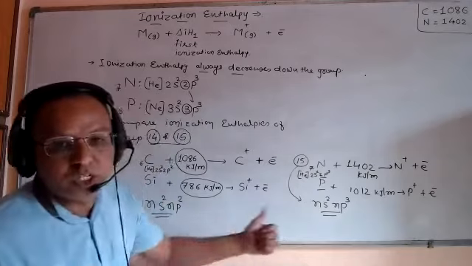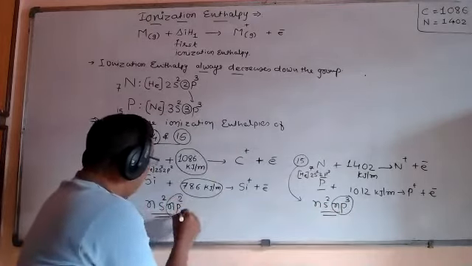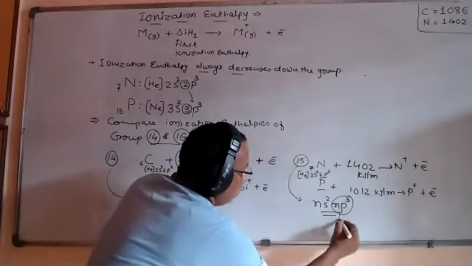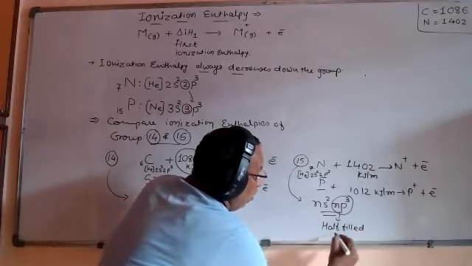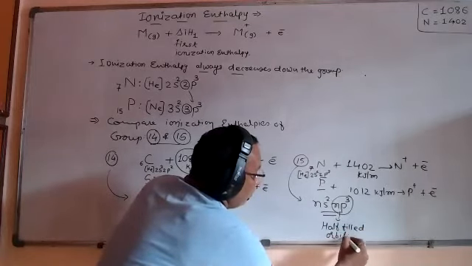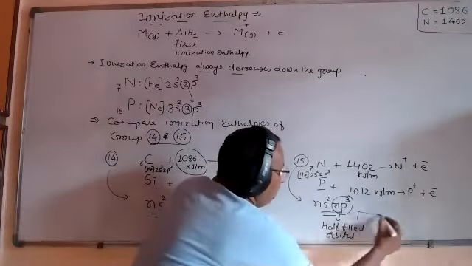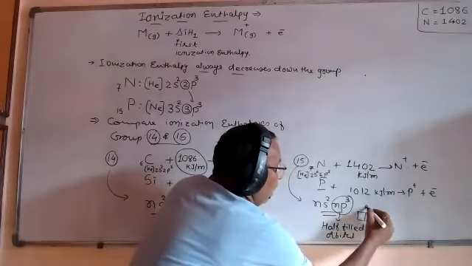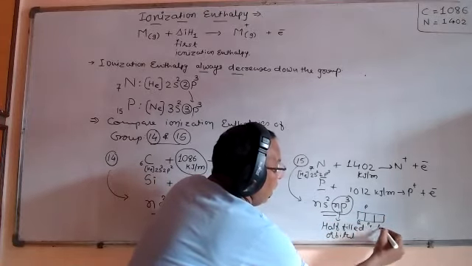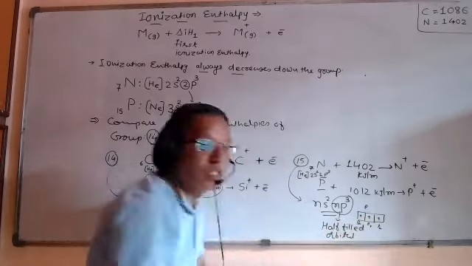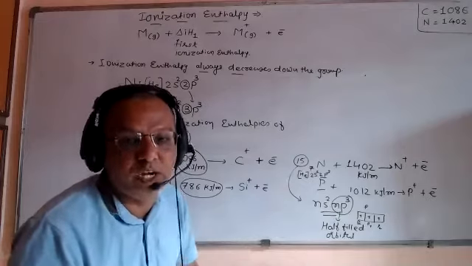So here is the major difference: np3 and np2, friends. np3 is a half filled orbital. A half filled p orbital is there. So friends, in np3 we have px, py and pz, and each orbital consists of one electron, and that's why it has intermediate stability.